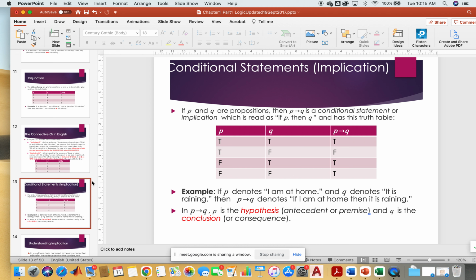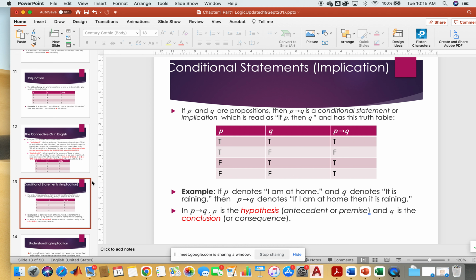In if P then Q, or the implication of P and Q, there does not need to be any connection between the antecedent and the consequent. There might be a case where there is no connection at all between P and Q. For instance, if I'm at home, then she is wearing a red kebaya.